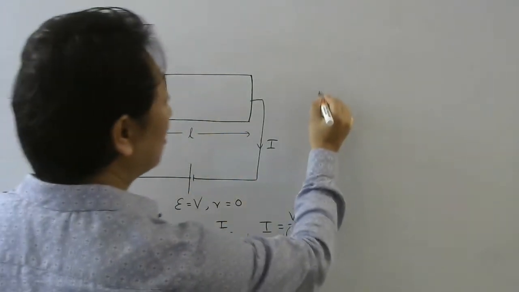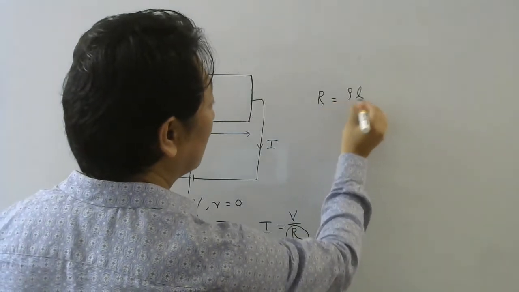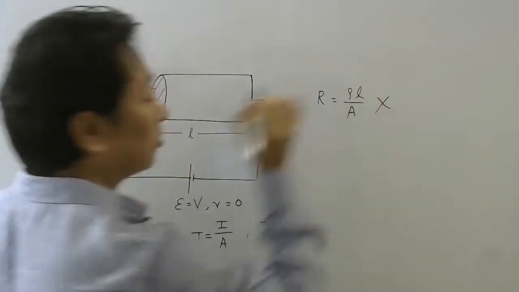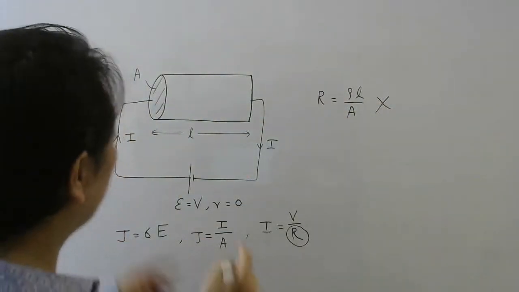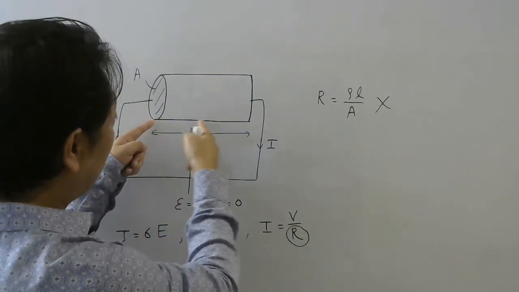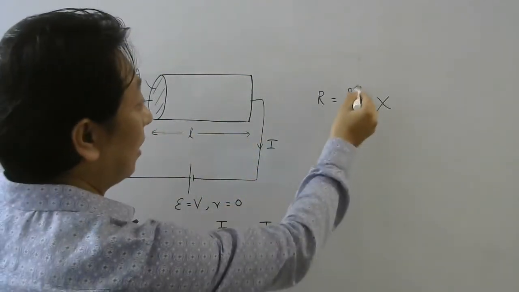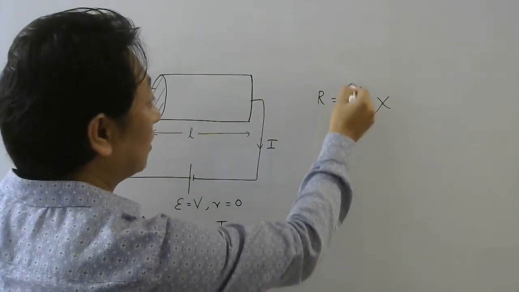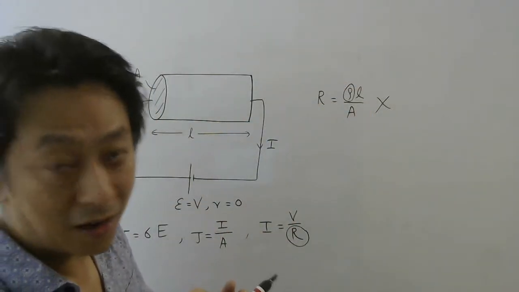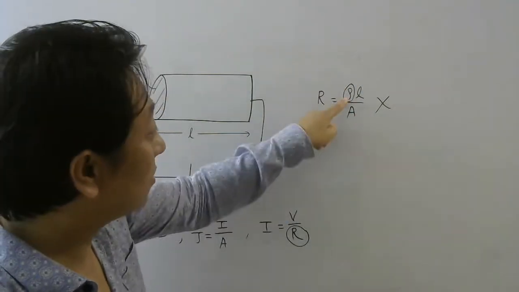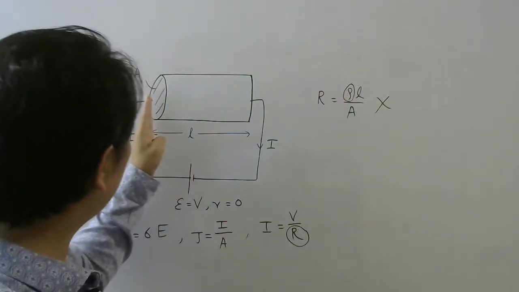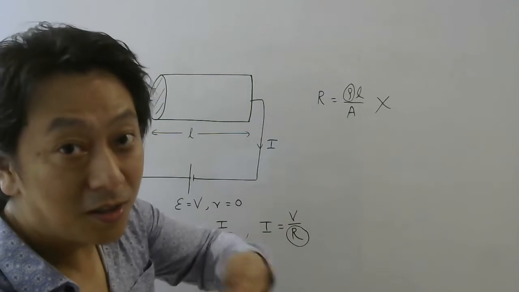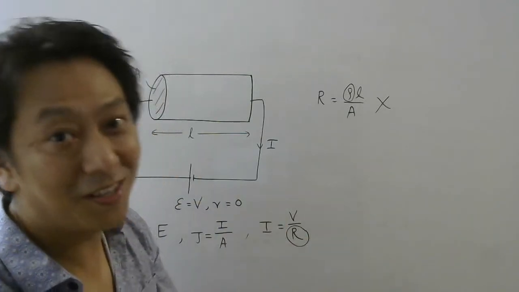So the only thing we need to do is calculate the resistance of this conductor. Now, can I use this formula to calculate the resistance? The answer is no. We cannot use this formula because as I move along the length of the rod, as this L is changing from 0 to L, this resistivity is not constant. This formula can only be used if the resistivity is constant. But as you move along the rod, the resistivity is changing because conductivity is changing, right?